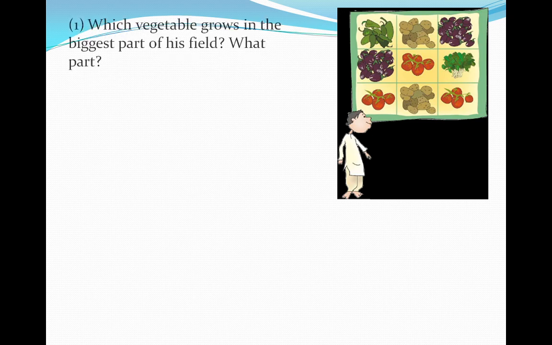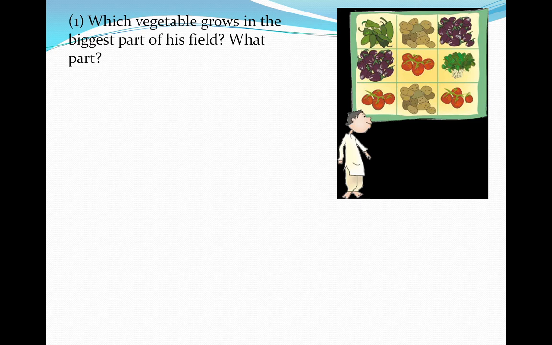So you can see that this is Ramu's vegetable field, and it is divided into 9 equal parts. So our next question is, which vegetable grows in the biggest part of his field and what part?